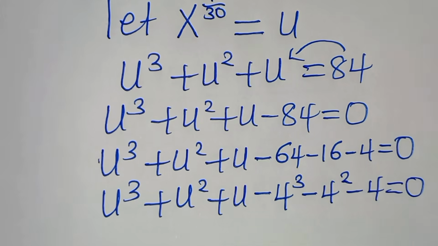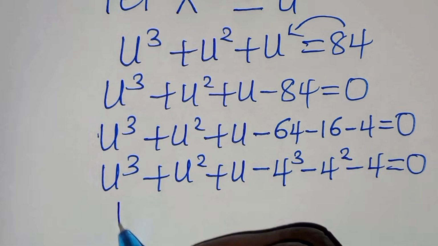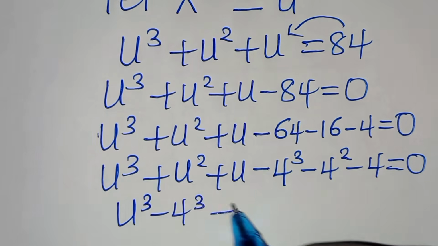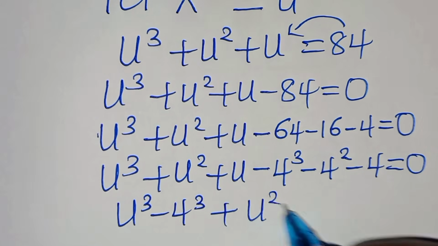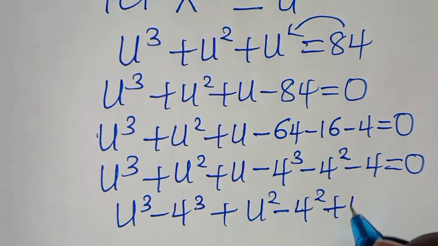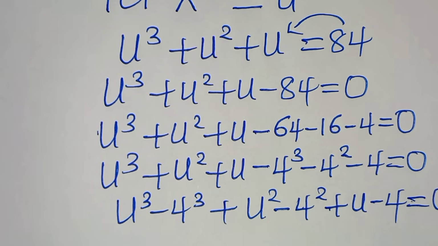This is equal to 0. So we have u to the power of 3 minus 4 to the power of 3, then plus u squared minus 4 squared, then plus u minus 4. This is equal to 0.